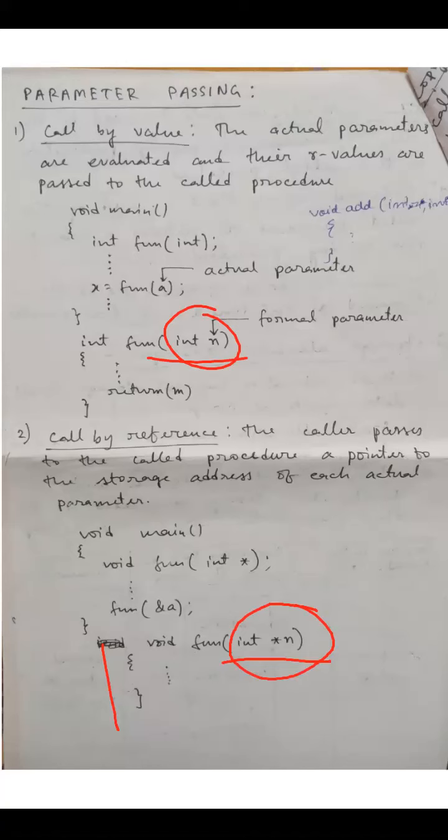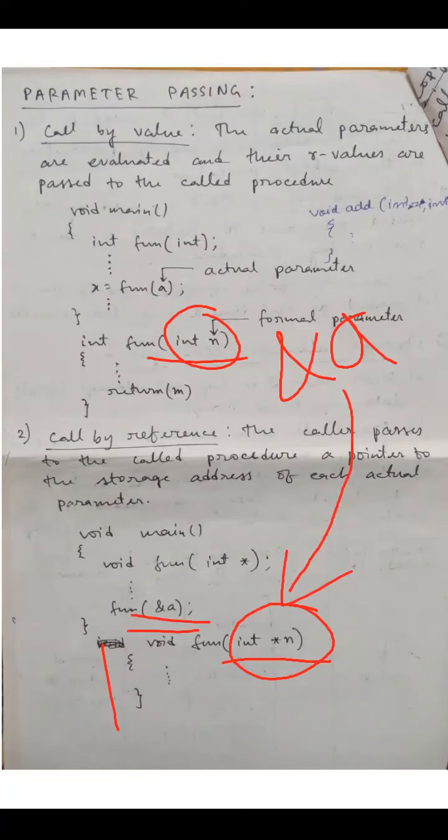When you write &a in the function call, you write *n in the definition. It may be *n or *x, whatever; the variable name is not important, but the star is important, mind it. That is my point. Is it clear?